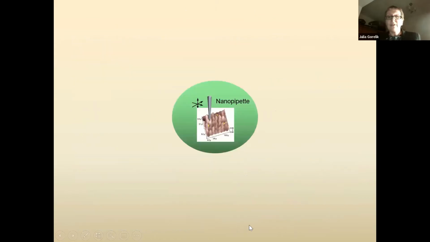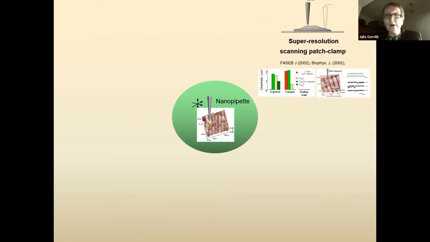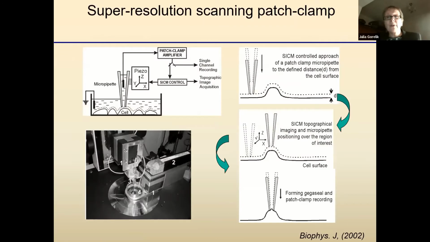This is what I would like to say about cyclic GMP, but now I would like to show our work with the L-type calcium channels localization. We developed the super resolution patch clamp a long time ago, where we used a small nanopipette: we first scan the area of our interest, and after that we use a small nanopipette with high resistance and try to record the ion channels.